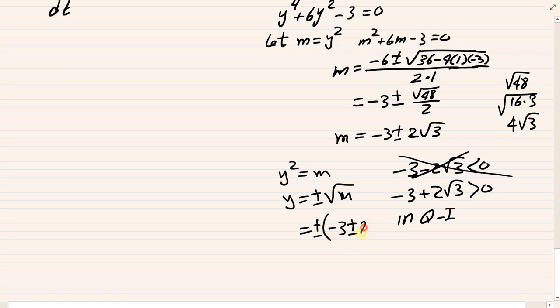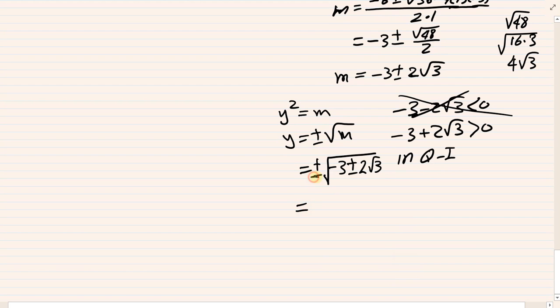This is interesting. Now let's decide how can this be positive. And of course I have the square root of it, right? It's the square root of that. What a mess, huh?